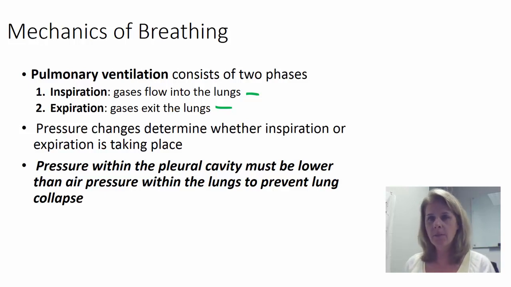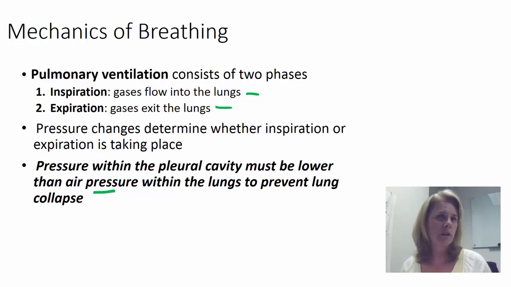Okay? You have to have the right setup of pressures inside the pleural cavity, otherwise you cannot breathe. So the pressure inside the pleural cavity has to be lower than the air pressure, or otherwise the lungs would collapse. Otherwise, if there was more pressure in your pleural cavity, it would just force your lungs to collapse.